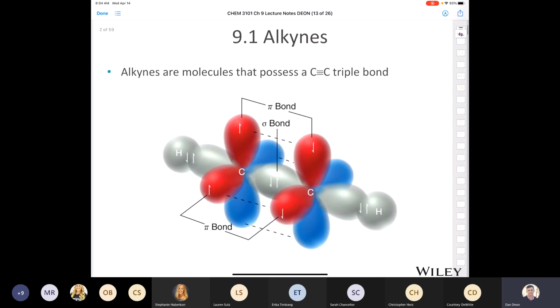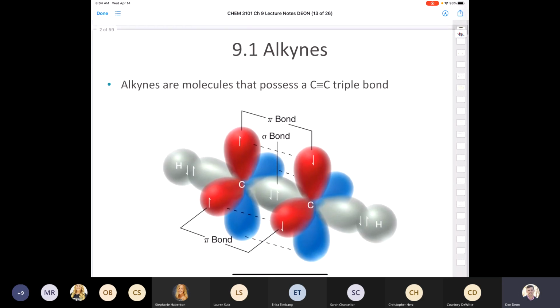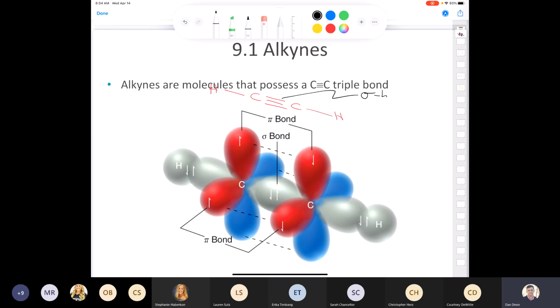Anyhow, you all know what an alkyne is by now because you spent enough time looking at functional groups, right? If we take a look at the molecule acetylene, which is represented here, this is just an orbital overlap diagram of acetylene. And you know that in the acetylene molecule, between the two carbon atoms, we have one sigma bond, right?